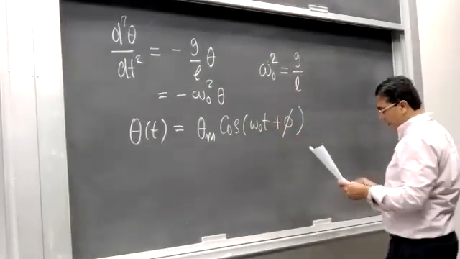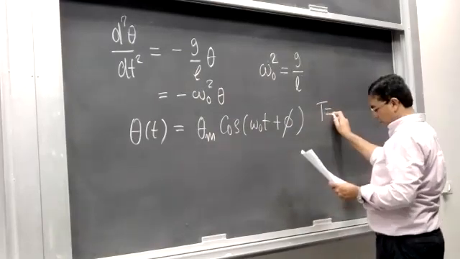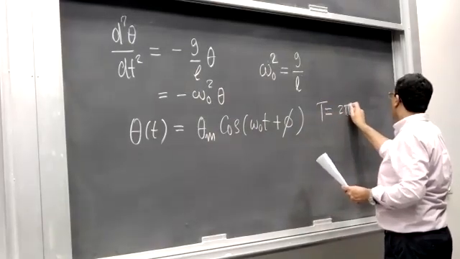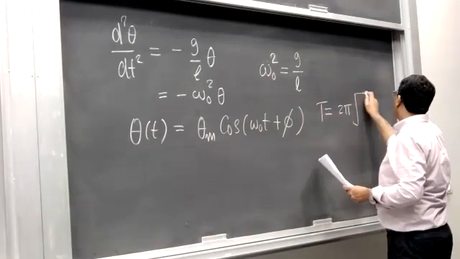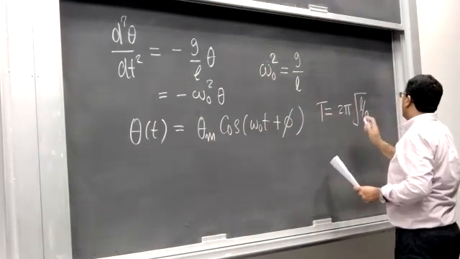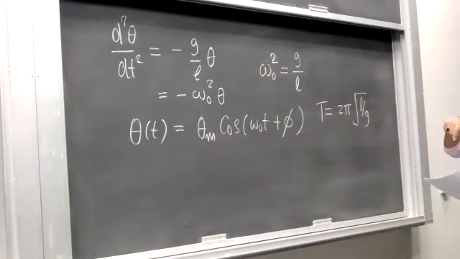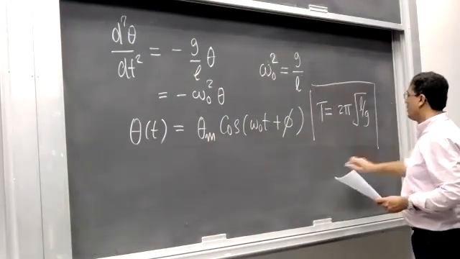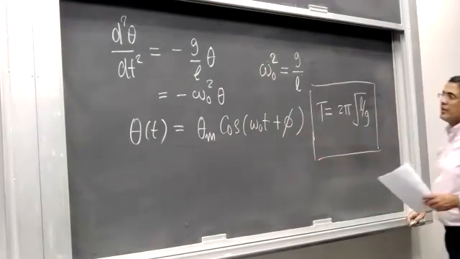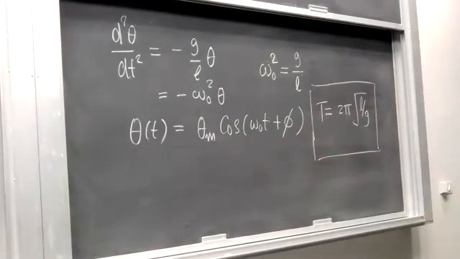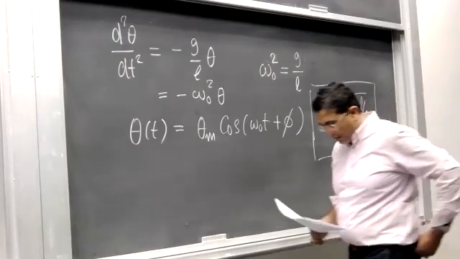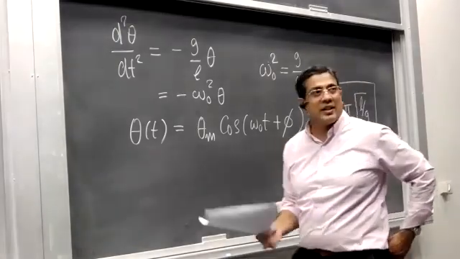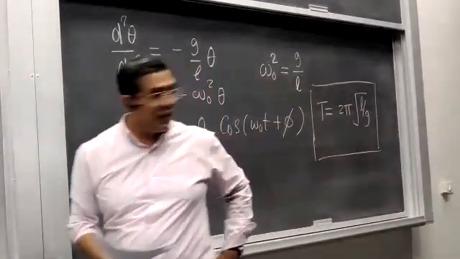The period of oscillation would be 2 pi square root of L over g. So the torque can also produce simple harmonic motion, and this is an example. Any questions so far?